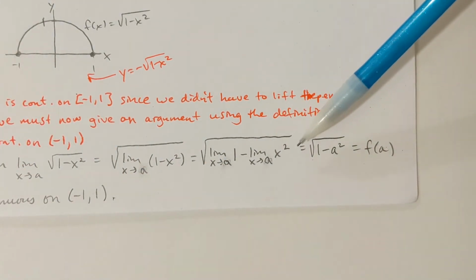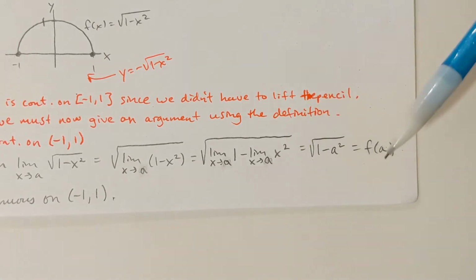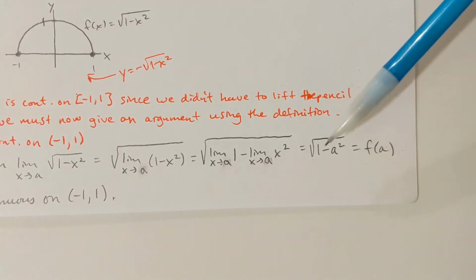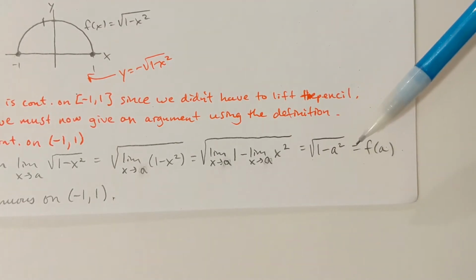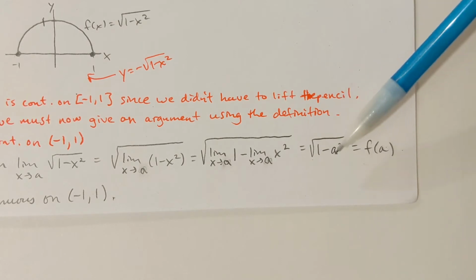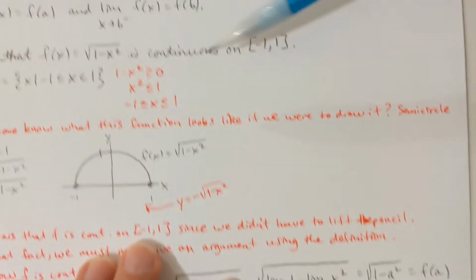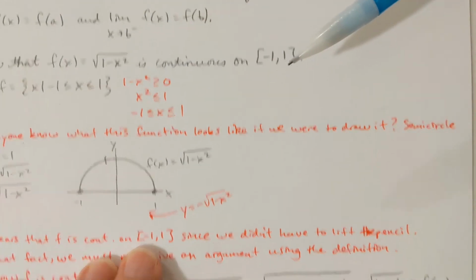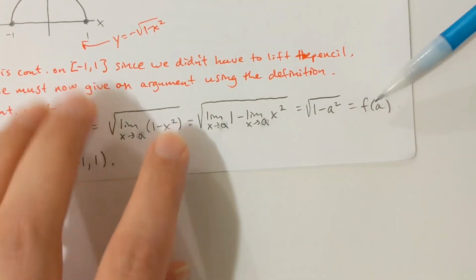The limit of a power function is where you can just apply a direct substitution for your a value there. And of course, lose the limit notation, right? Now the square root of 1 minus a squared, that would be this function here, but when you've plugged in a. Well, that's what I had to get to, right?